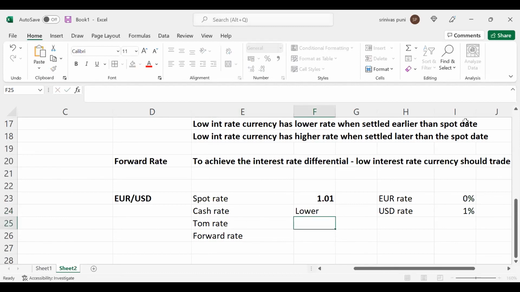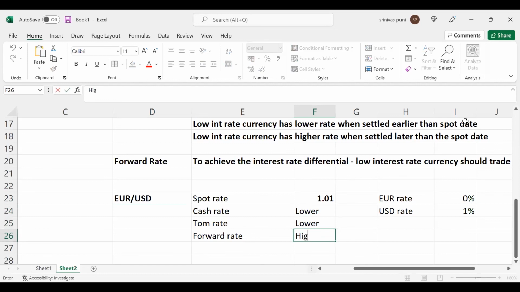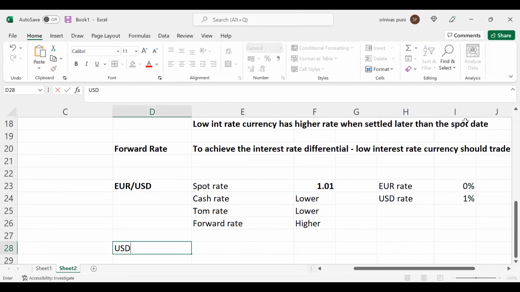Why is it lower? One more thing you have to remember: this euro dollar quote is a number of dollars per 1 euro, right? That is the quote, so it is the value of 1 euro. The value of 1 euro will be lower because the euro is at a lower interest rate. Similarly, the term rate will also be lower and the forward rate will obviously be higher. Why? Because it's a rate beyond the spot date, right? Now, let us use the same logic for dollar JPY.